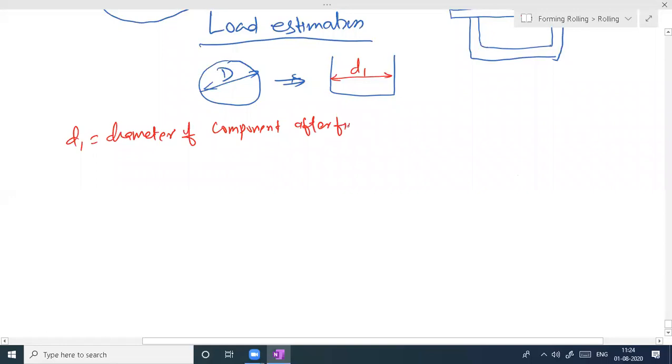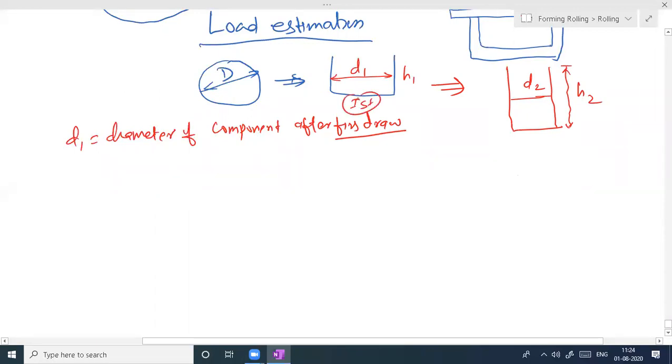After first draw, there will again be a subsequent draw, and then the diameter will reduce, that is d2, right? d2 height will be different. This is your h1, this height will be your h2. This is the first draw, this is your second draw, and this is your initial blank.